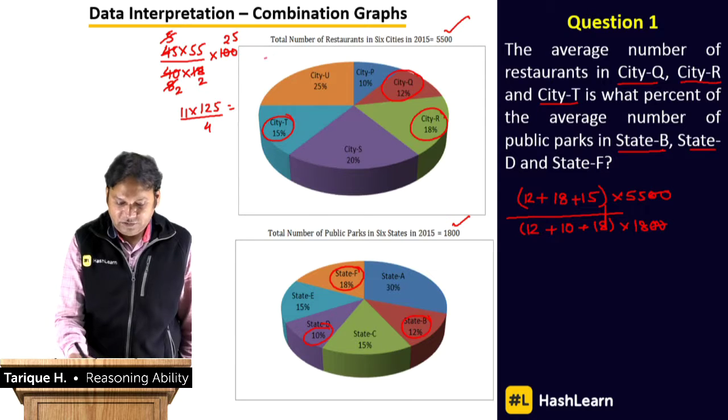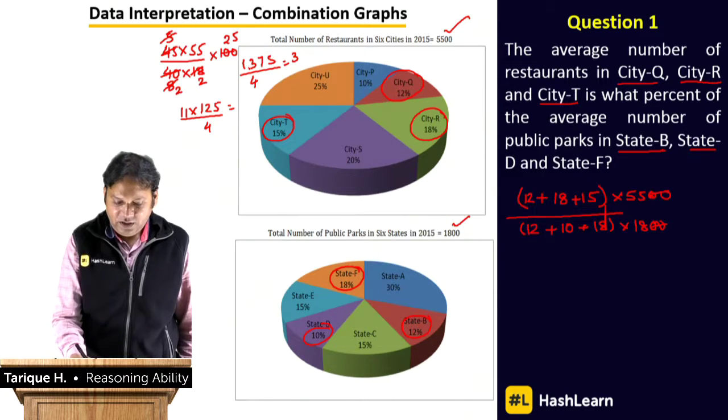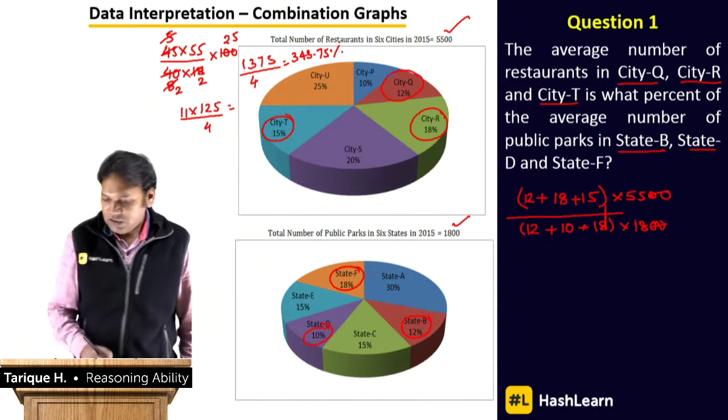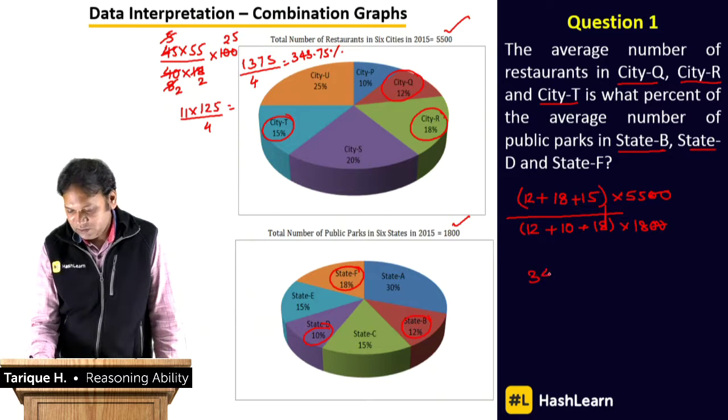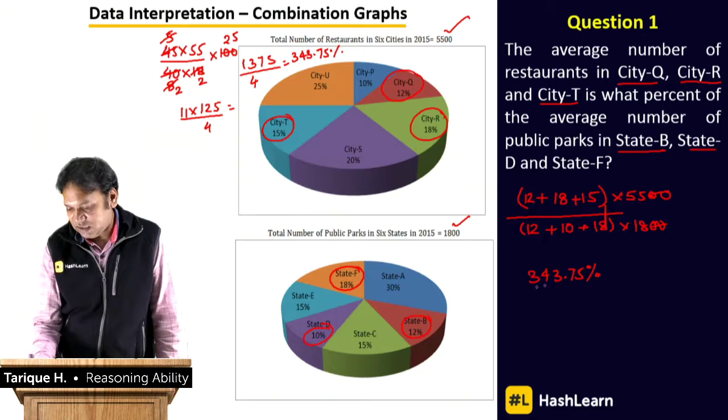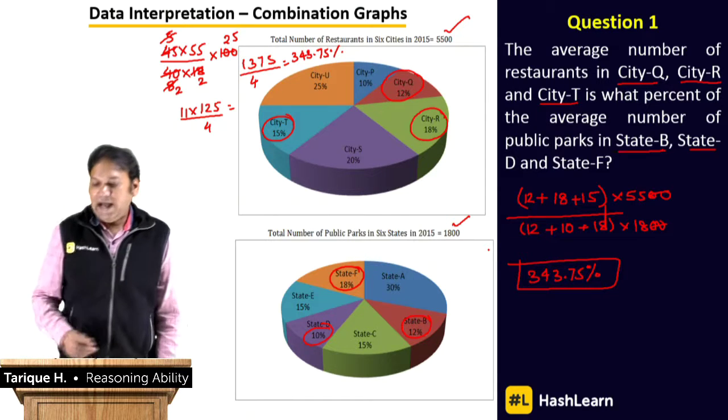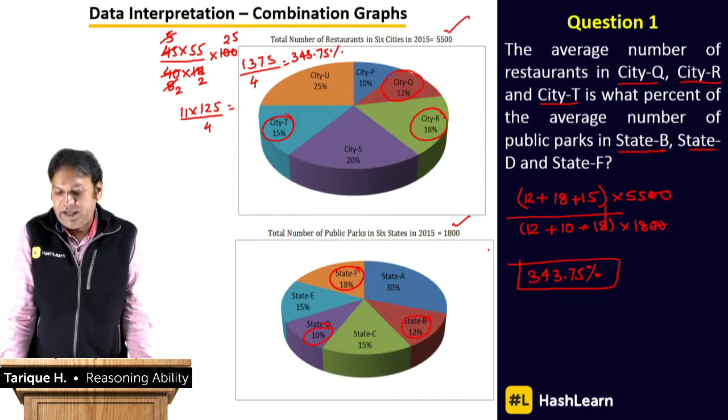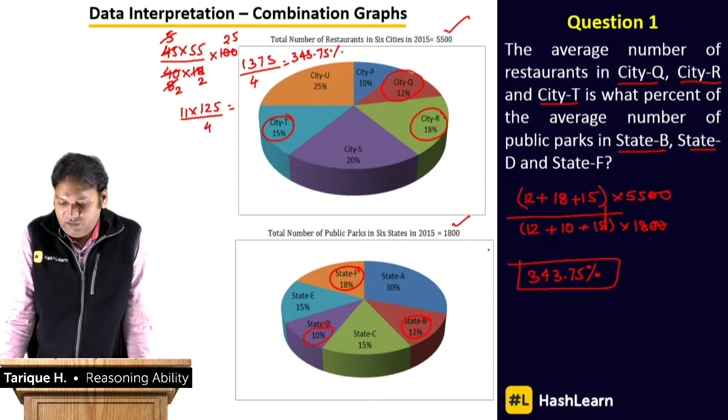And again, using the technique for 11, 5, 2 plus 5, 7, 1 plus 2, 3, 1375 by 4, and divide this, you'll get 4 into 3, 12, 17, 4 into 4, 16, 15, 4, 3, 12, 343.75%. So the answer is 343.75%. So that's the answer for this question. The average number of restaurants in Q, R and T is what percent of the average number of public parks in B, D and F?